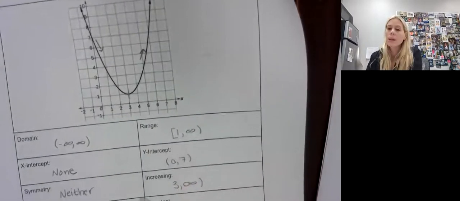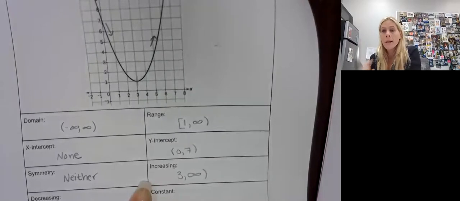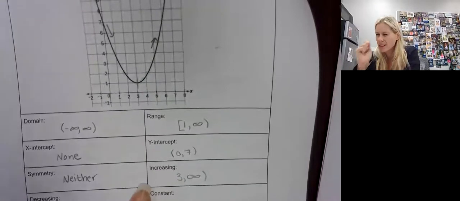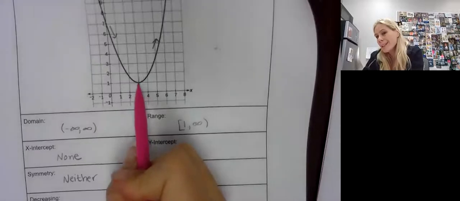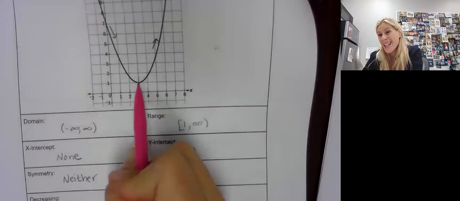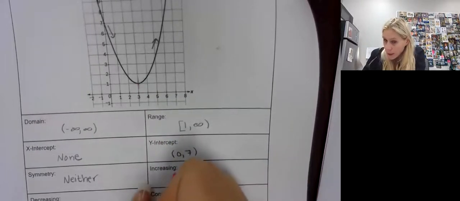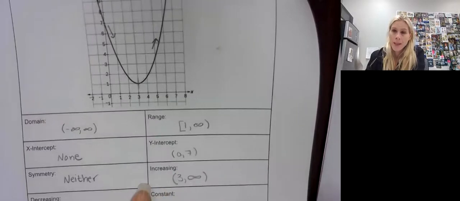Now, parentheses are always around infinity. Here's a different thing that happened last time. Remember last time we started at the coordinate, right? So it was a bracket. Right here at 3, can we really say that it's increasing or decreasing? No, because it's neither, so we always put a parenthesis.